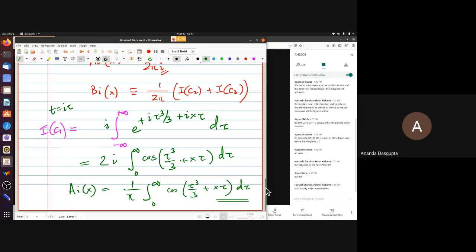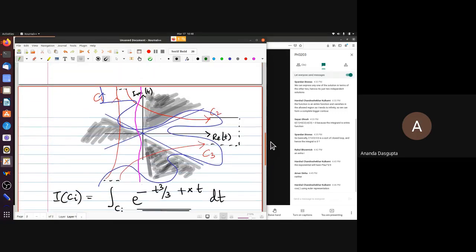The point is, what contour can I take here? I can't take a contour which goes like this, right? The contour I have to take there is something which goes along the negative imaginary axis. Say for C3, what we need to do is something which goes along the negative imaginary axis, goes very near the origin, then turns around.